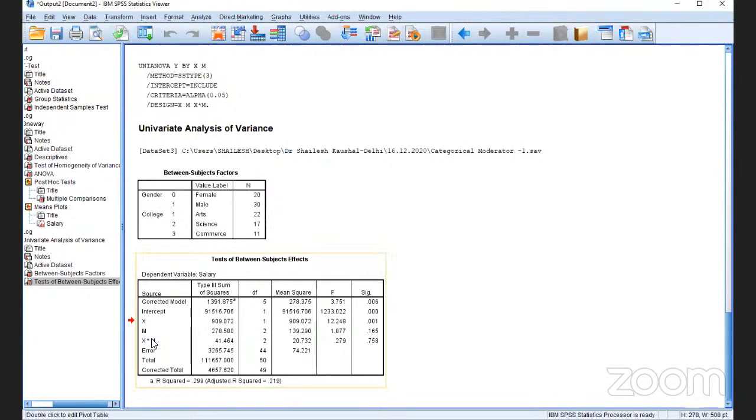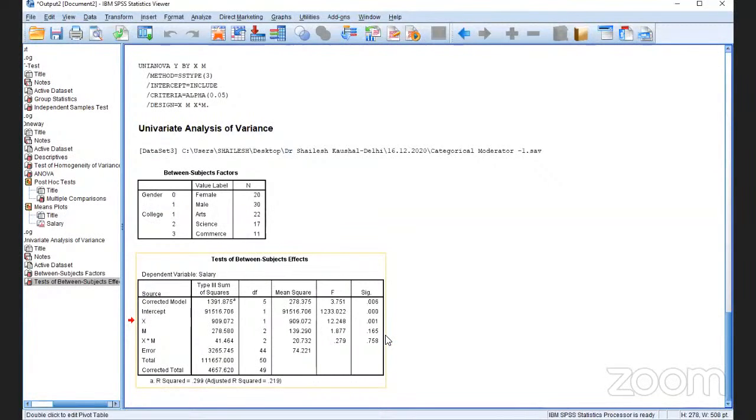And third, the interaction, basically a multiplication or moderation effect: when we combine both, whether it is significantly contributing to the dependent variable or not. So here the p value is greater than 0.05. We can see there is no significant impact of the interaction term.